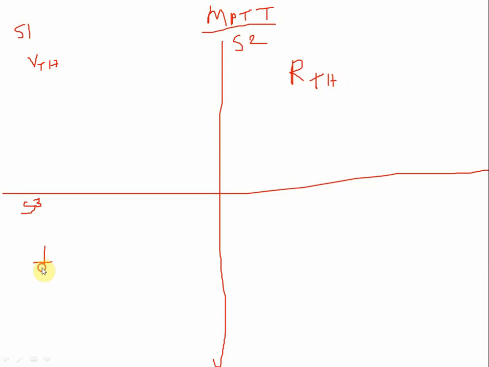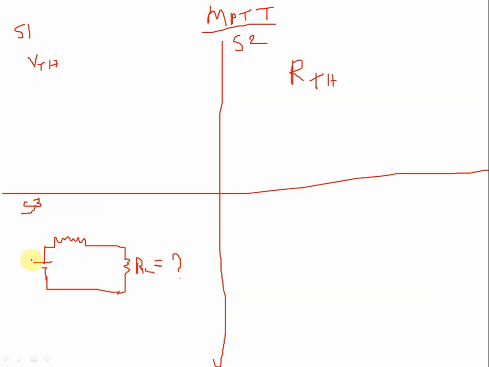What is the equivalent circuit? VTH, then RTH, then that is connected to the RL. What is RL? I don't know, because our problem is not giving the RL. Please keep it in your mind: RL is not known, so your role is to find out the RL.